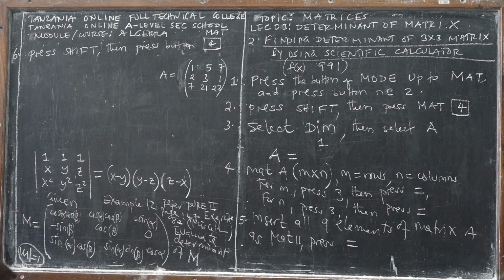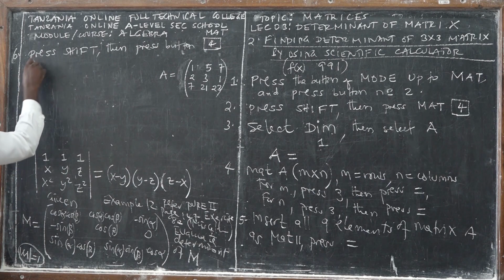Then after that, what do you see? Class, what do you see after you press Shift, then button number 4, Mat? Dim, Edit, Mat.